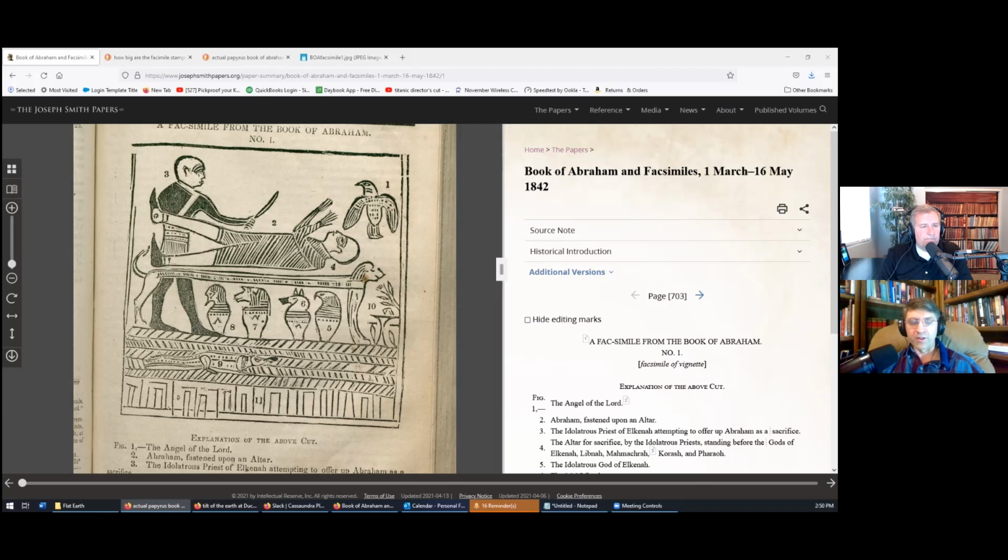Or in Facsimile 3, he'll say, as indicated in the hieroglyphs above them, in which case he's referring to the text, but he doesn't give us a translation of that text. He gives us a reference to it, and in Facsimile 3, that's almost a translation, but it's not quite there to what I would call a translation. But it's close. Really, most of what we're talking about here is an interpretation of symbols.